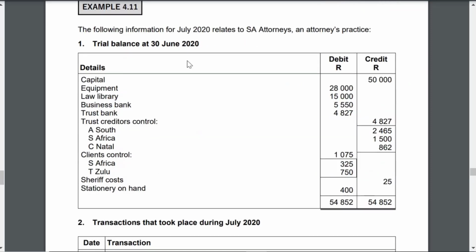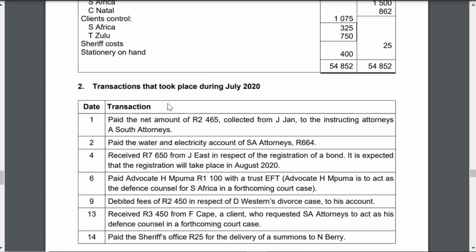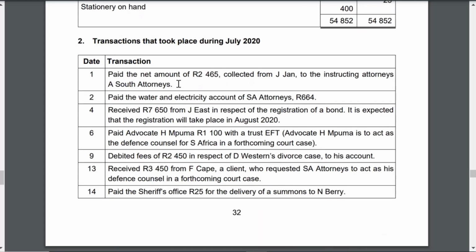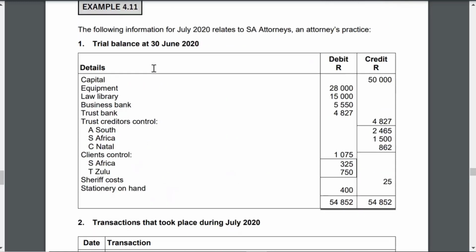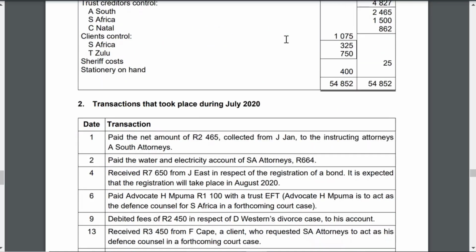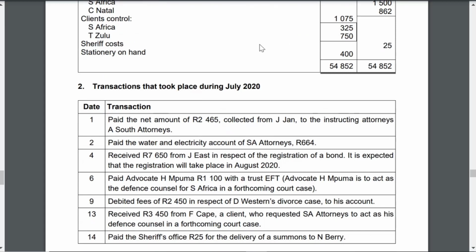So SA attorneys paid a net amount of 2,465 collected from GGen to the instructing attorneys. So basically in this exercise, they're saying that SA attorneys is the instructed attorney. This example relates to the last learning unit, which talks about correspondence.